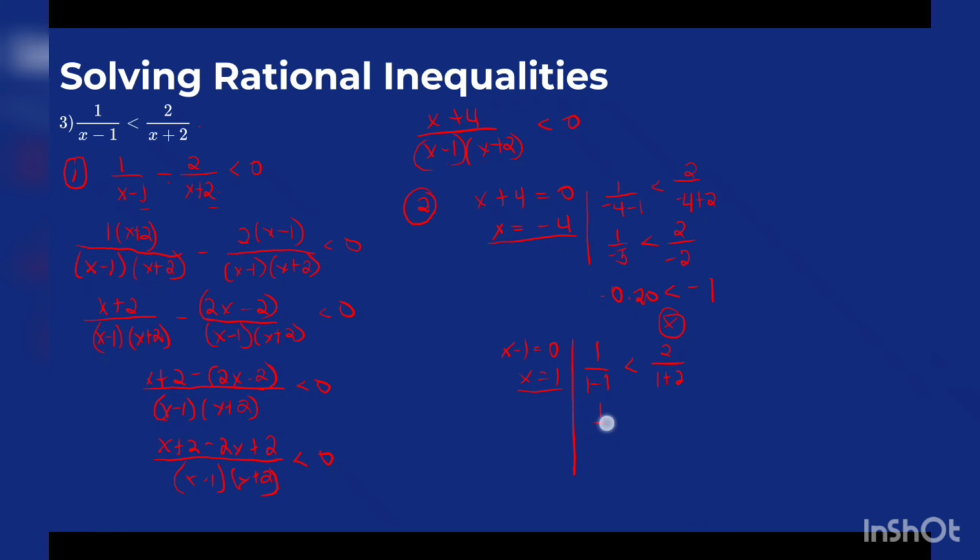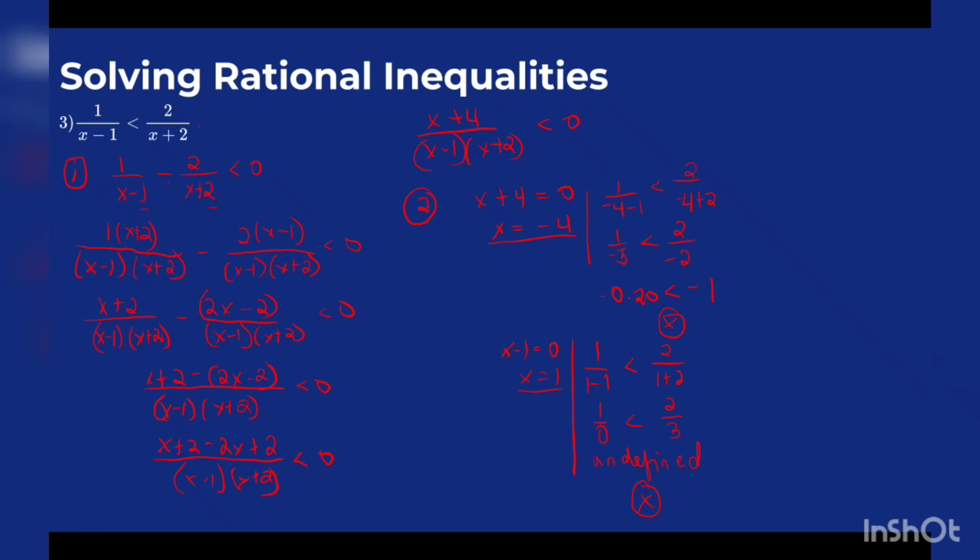We'll have here 1 over 0 is less than 2 over 3. And 1 over 0 is undefined. So we cannot compare them. Therefore, this is not included in the set of solutions.